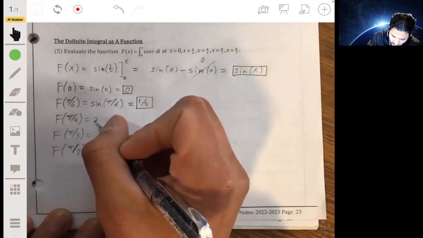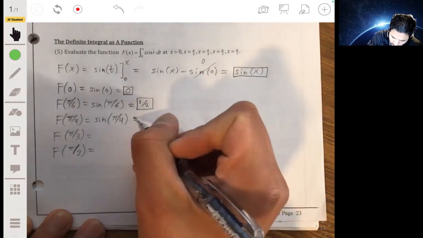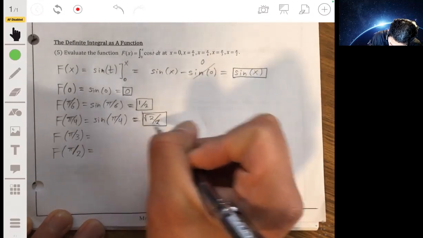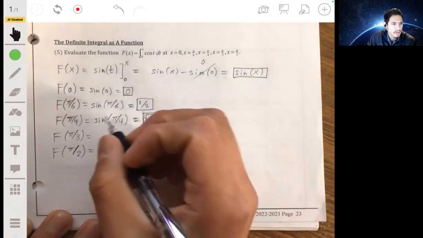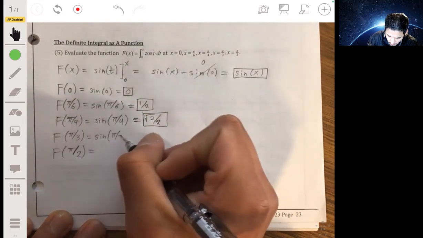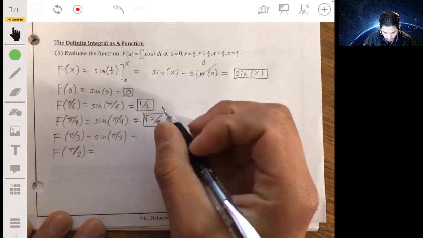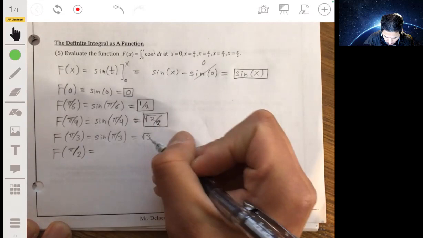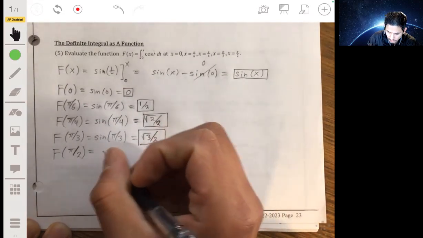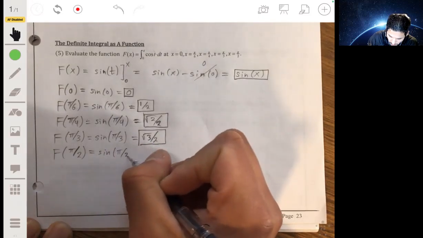Large F of pi over 4 is the sine of pi over 4, which would be root 2 over 2. Large F of pi over 3 will be the sine of pi over 3, which will be root 3 over 2. And large F of pi over 2 will be the sine of pi over 2, or just 1.